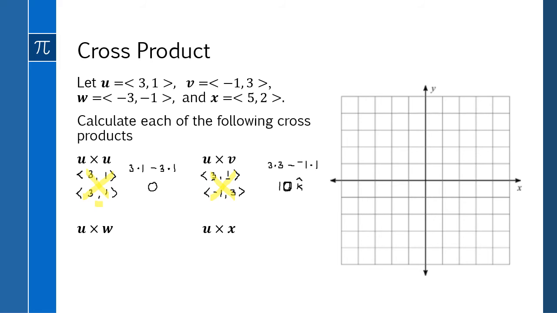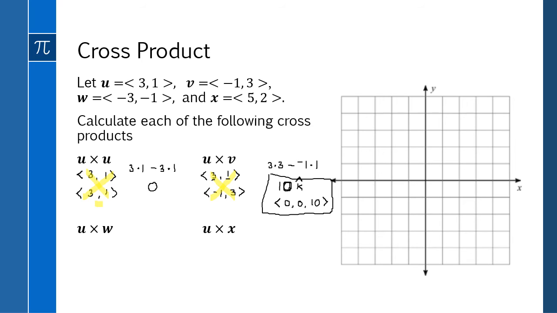Or in standard form, we would have 0x and 0y and 10 units along the z-axis. Either of these would be correct ways of representing it, showing that you recognize that your answer is a vector and that it is perpendicular to both of the vectors that you started with.